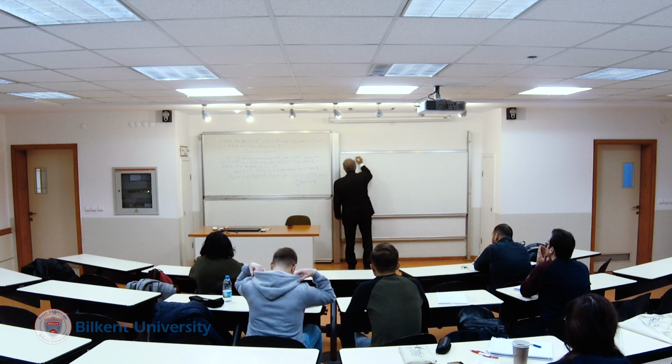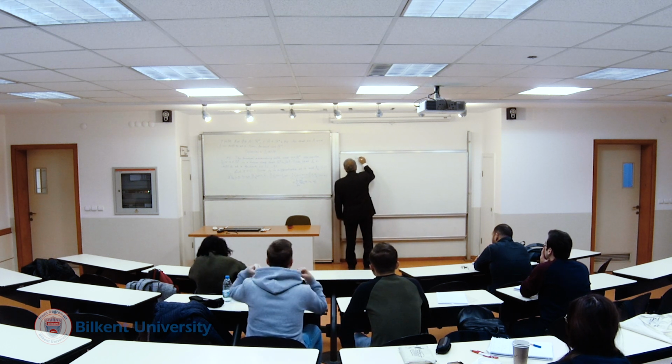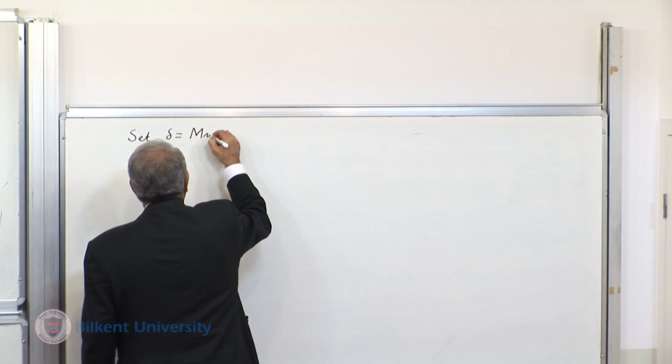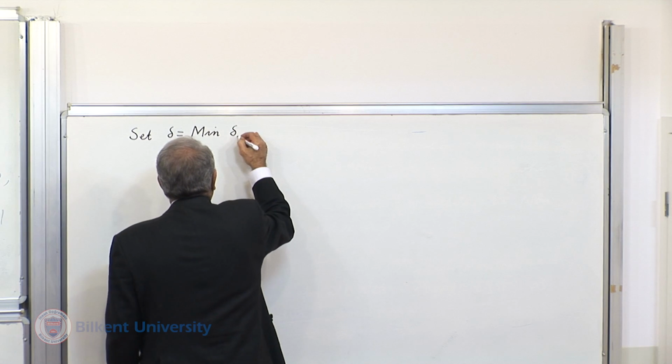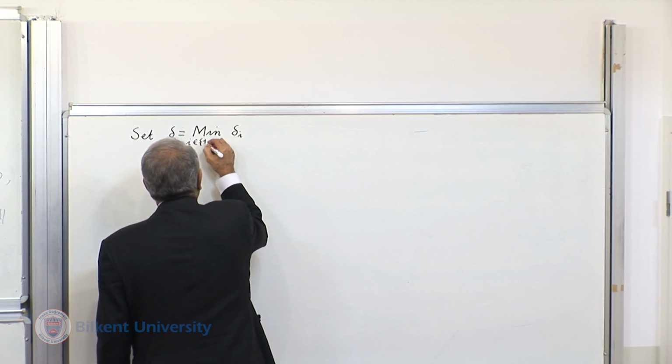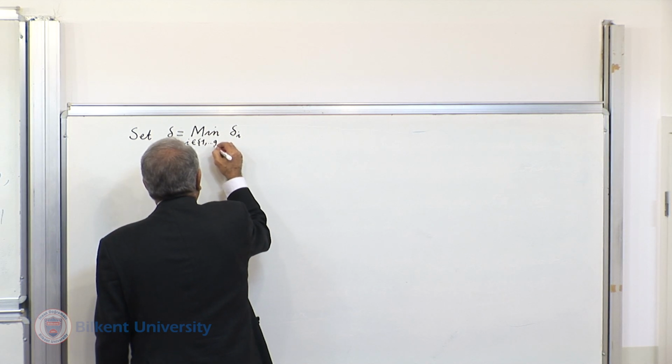Now set delta equal to the minimum of all delta i's, i from 1 to q.